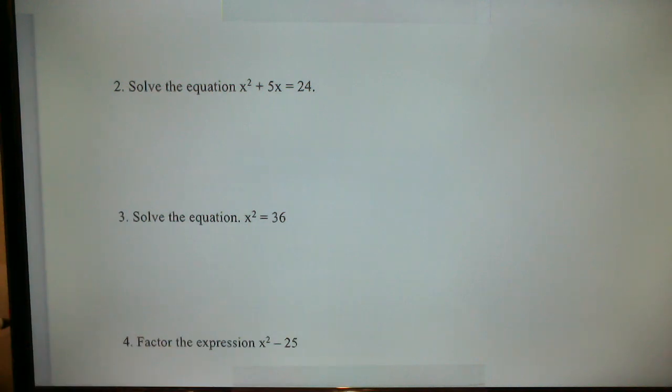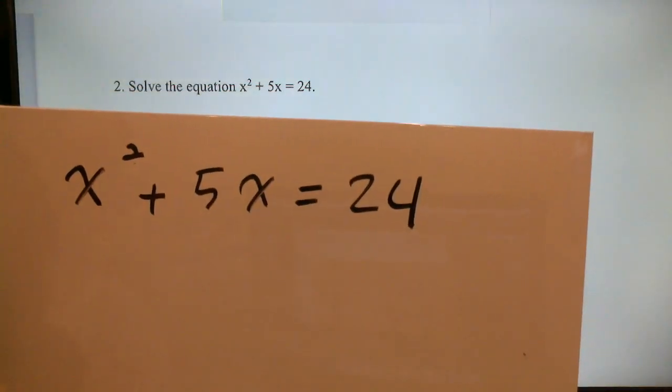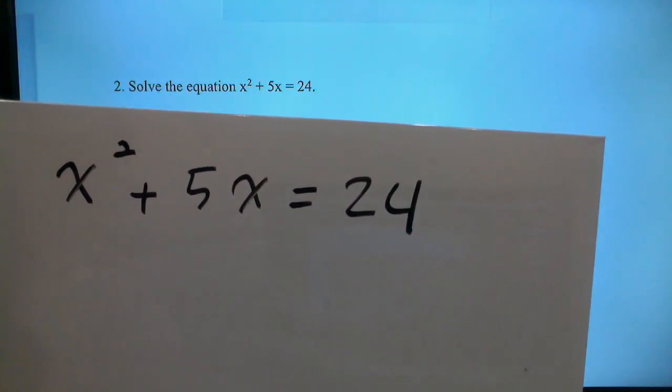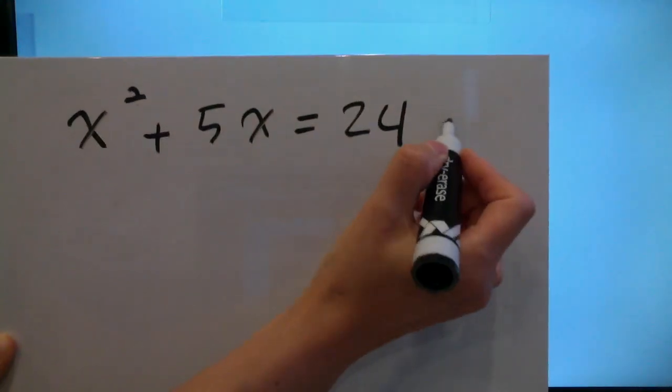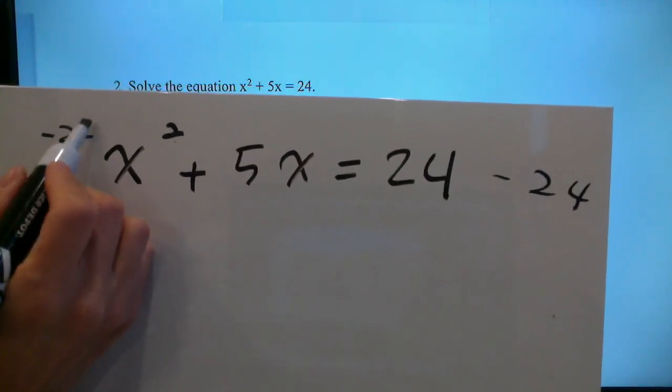So first one is x squared plus 5x equal 24, right? But do you remember? We need to change this form, so that it is an expression equal to 0. So we'll do negative 24 each side, negative 24.